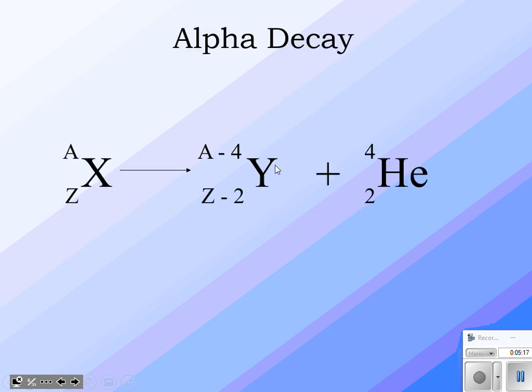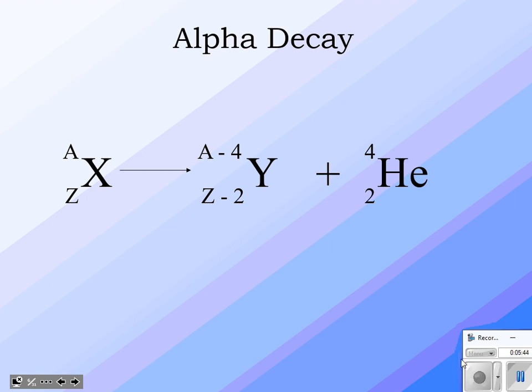So when I have alpha decay, right here is the equation that I'm going to need to memorize. So I'm going to give you a second here and write this down in your notes, because we're going to use this tomorrow also. We're just going to touch the surface today. We're going to do more of this tomorrow.